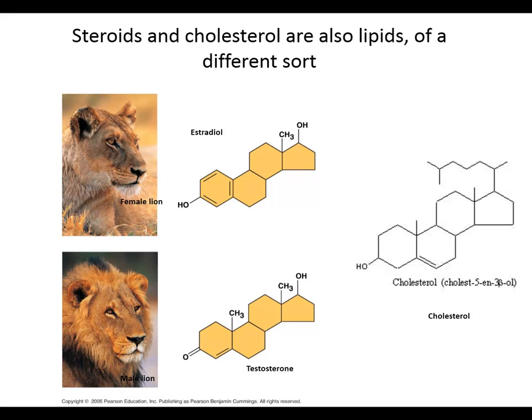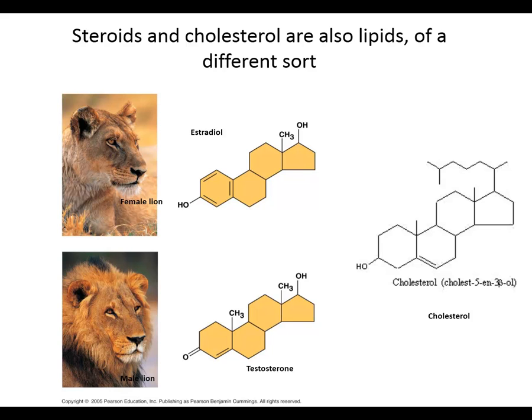Okay, so steroids and cholesterol are both lipids. Cholesterol is the precursor to most of your steroids, and you can see the molecular similarity between cholesterol and testosterone and estrogen. Which of them is the least polar? Well, cholesterol is the least polar, right? These ones have several functional groups with OHs on them, right?